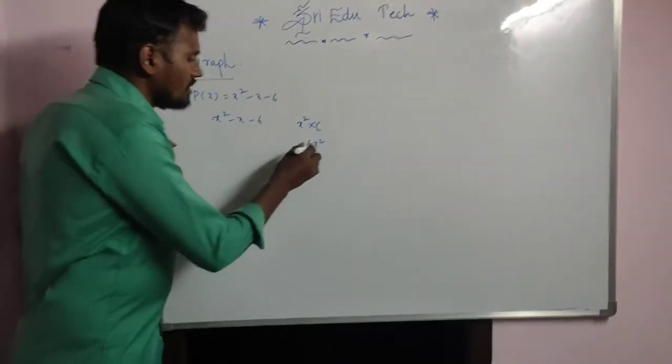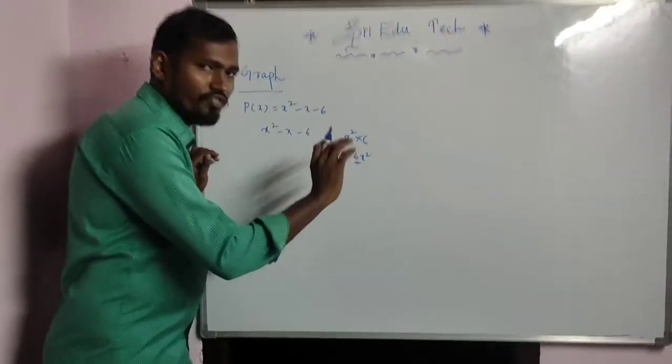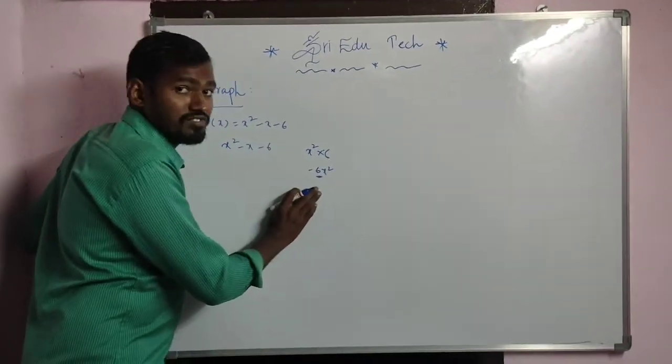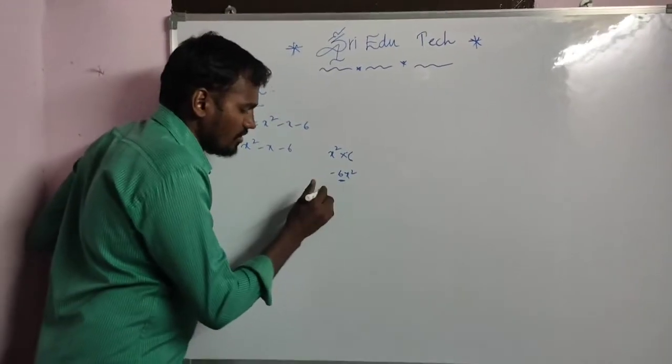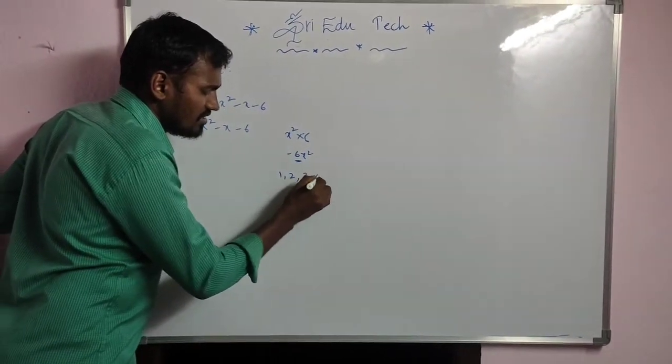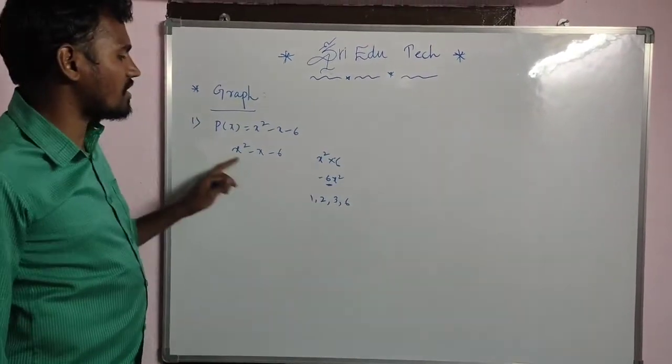So now we have to convert this 6 into factors. Now we have to write the factors of 6, okay? See, factors of 6 means 1, 2, 3, 6. We have already done factors in the sets chapter.